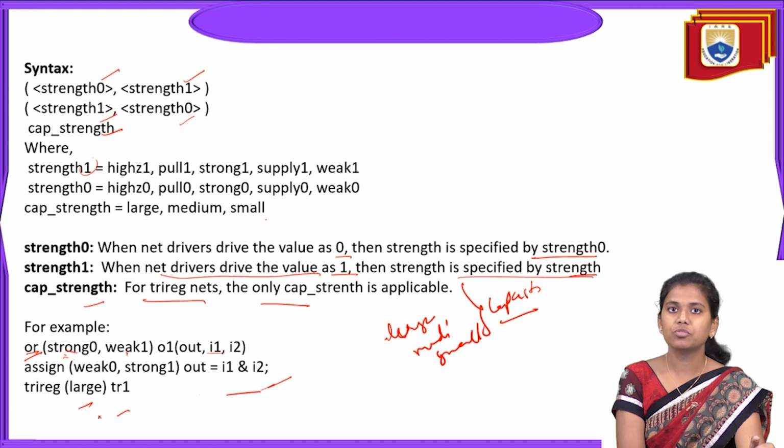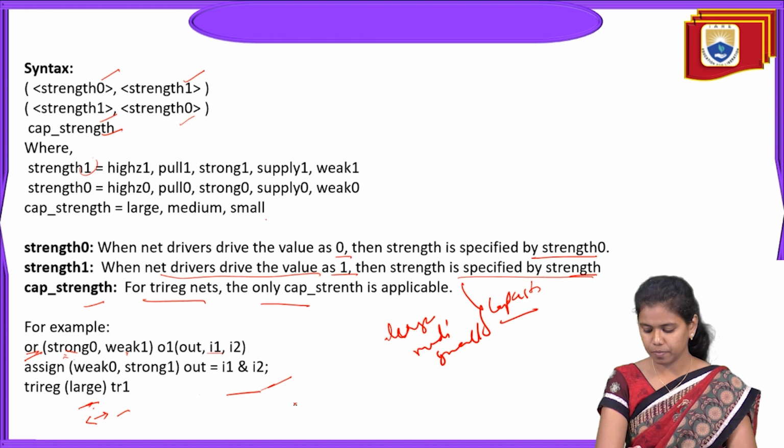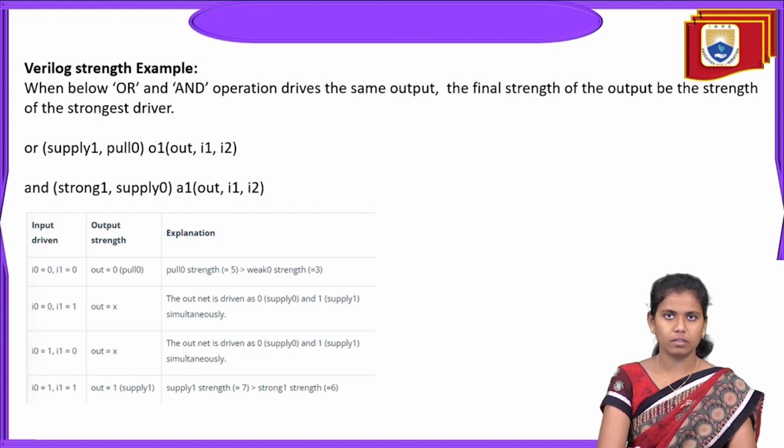And finally, the Trireg nets. The Trireg net is nothing but the representation of the level it is holding. So here we see this particular net is holding large. The large signal strength can be given to this Trireg net with respect to TR1, the name of a particular net.